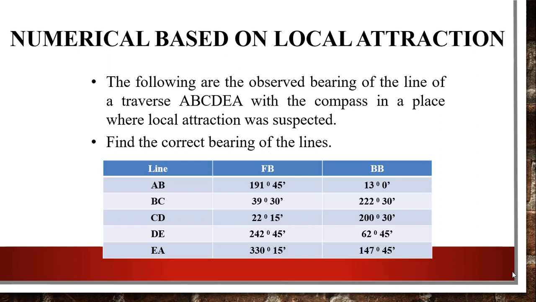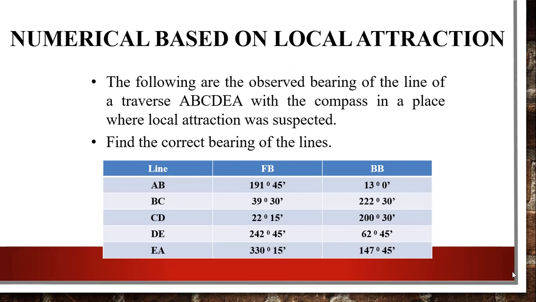So now begin with the numerical. The following bearings are observed of a line of a traverse A, B, C, D, E, A with a compass in a place where local attraction was suspected. That means the magnetic components were there over the field. So you have to find out the corrected bearings of the line.